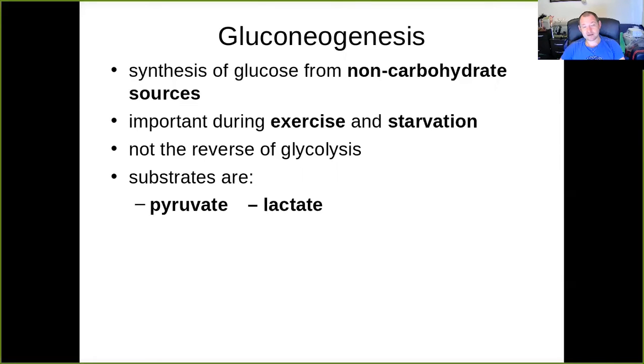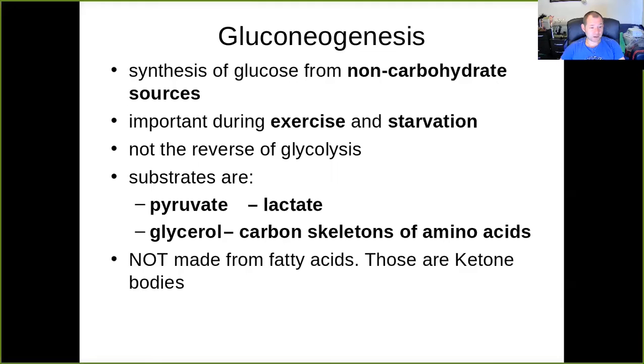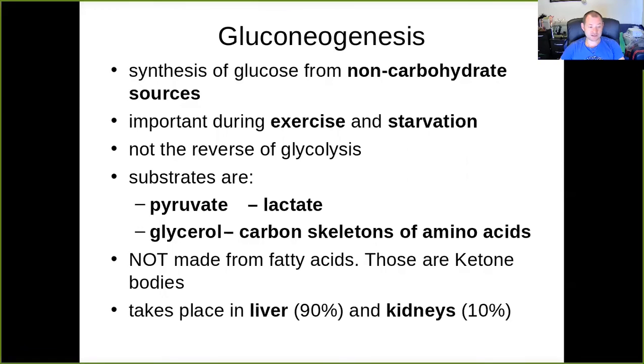Glycolysis, we've gone through. It's not just the reverse of that to get glucose. It's a bit more complicated. The substrates are pyruvate and lactate. Not made from fatty acids. Those are ketone bodies. I'll talk about those later.